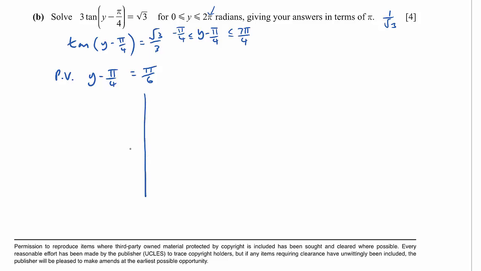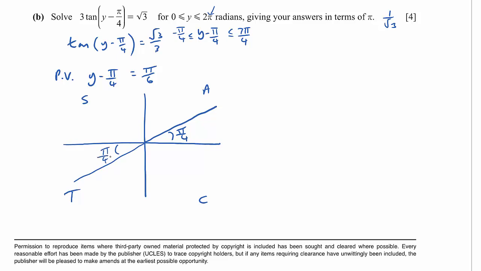So if we do our CAST diagram for a tangent, the first one's here, and the second one for a positive tangent must be down here. And we're solving from negative pi by 4 around to 7 pi by 4, but there's no real problem there. So we know our solutions are going to be there, and then we're going to stop there.